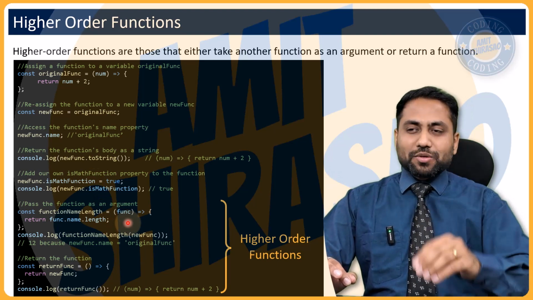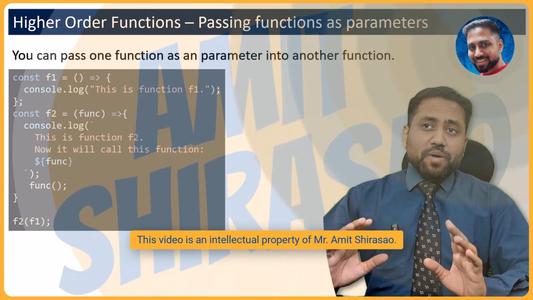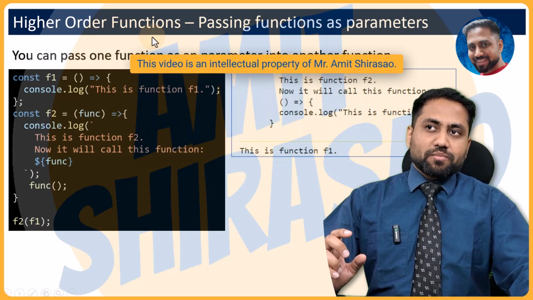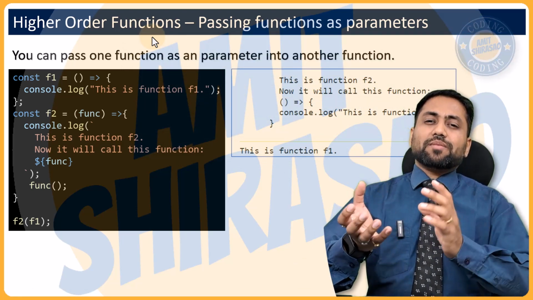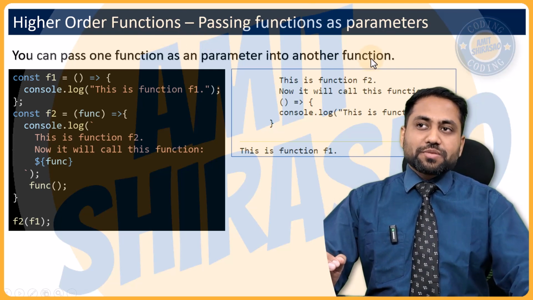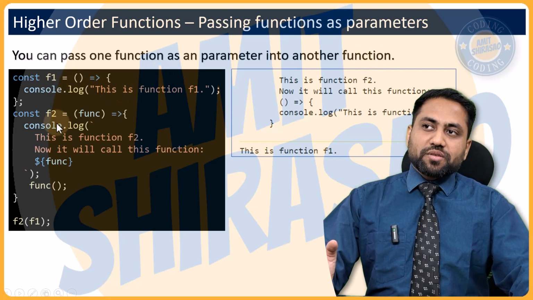I didn't know what title to give, so everything is coming into one slide. Let us see how to pass a function as an argument. Higher order functions can accept another function as a parameter. Sorry, not argument, parameter. You always pass parameters, not arguments. Here I have created two functions, f1 and f2.